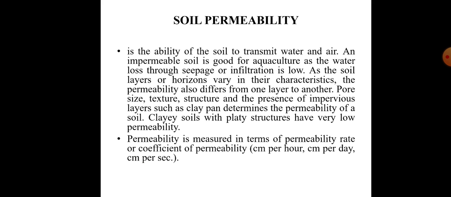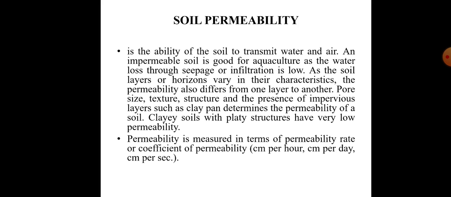Then the next one is soil permeability, the ability of the soil to transmit water and air. An impermeable soil is good for aquaculture as the water loss through seepage or infiltration is low. As the soil layers or horizons vary in their characteristics, the permeability also differs from one layer to another.